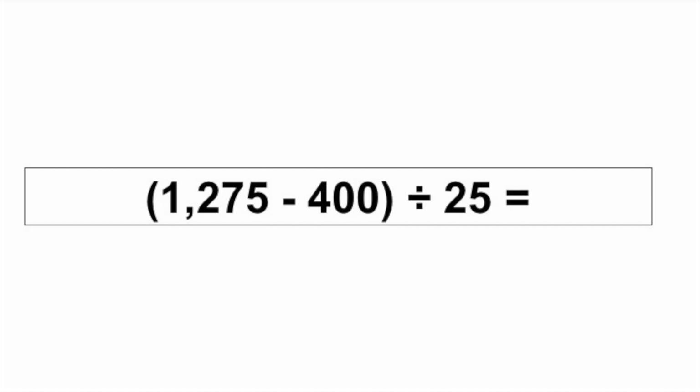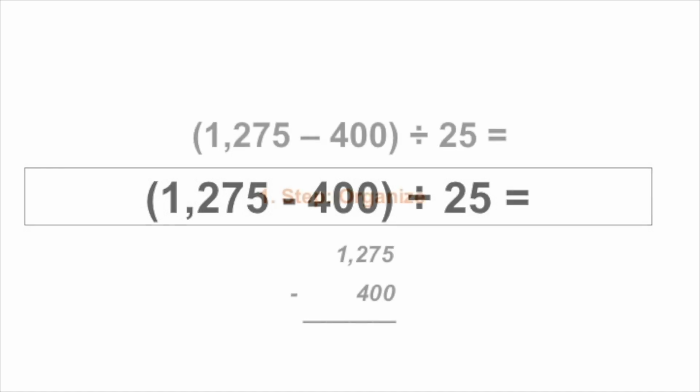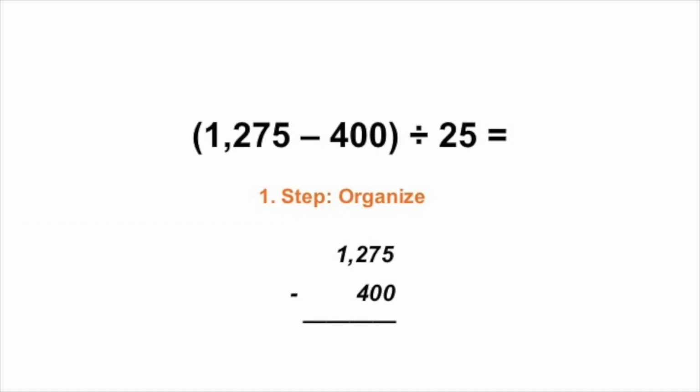1,275 minus 400. So when you've got your pens and pencils and papers, you can work that out, and who can give the answer? What we can do is we can do a table like this. 5 minus 0 equals 5. 7 minus 0 equals 7.